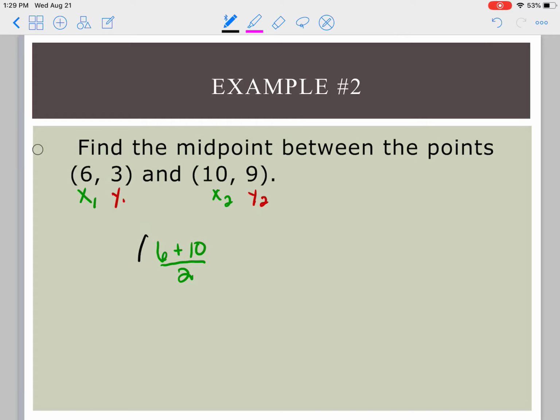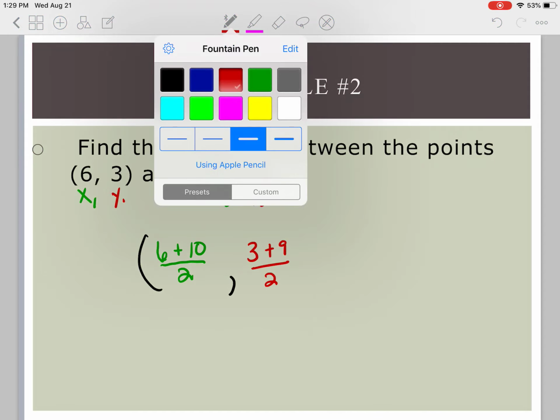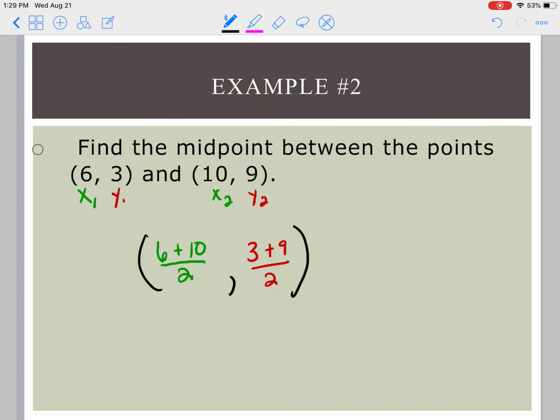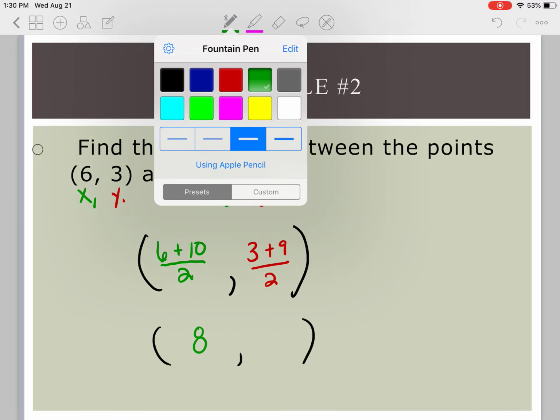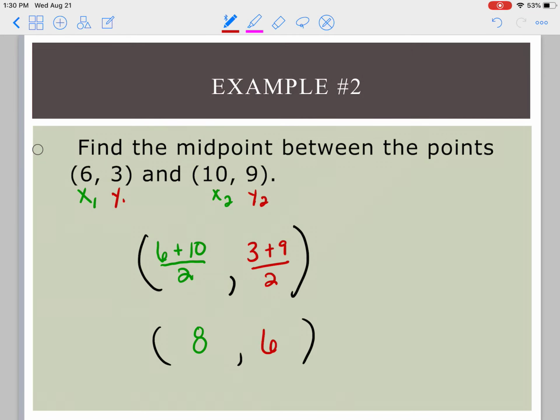And then I'm going to put a comma because that is one coordinate. That will be my x coordinate of the midpoint. I'm going to take my y values, 3 plus 9, divide by 2. So I have an x and a y coordinate. Completing the math, I'm going to have a coordinate as my answer. Well, 6 plus 10 is 16 divided by 2 is 8. 3 plus 9 is 12 divided by 2 is 6.